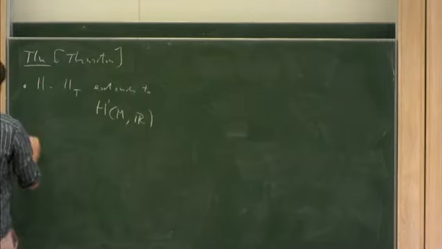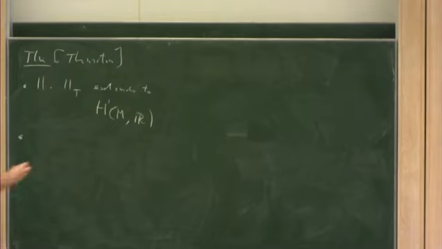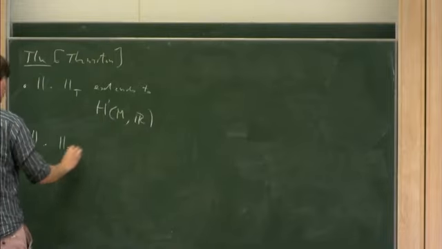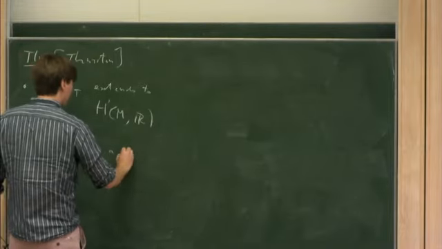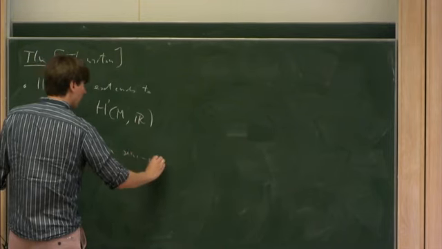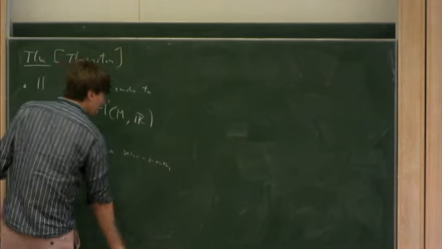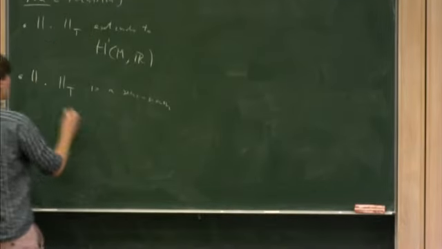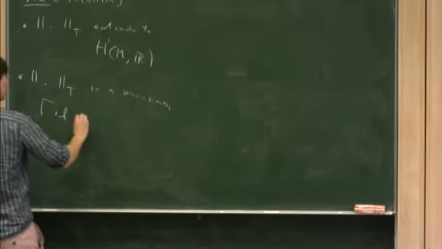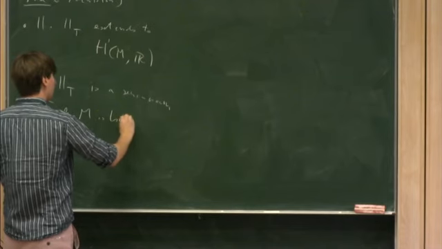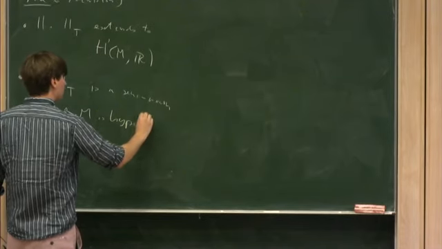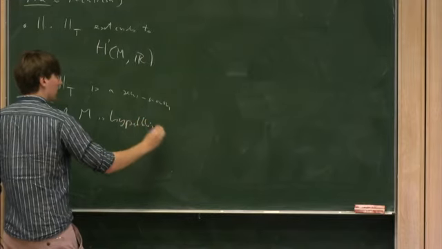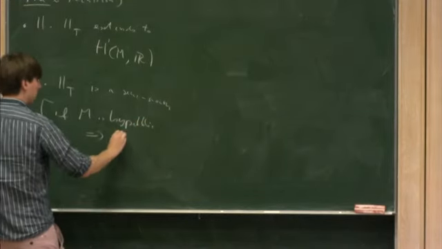Now, what we also know, and this is the justification for the name, is that the Thurston norm is really a semi-norm. And in fact, if M is hyperbolic, then it is actually a norm.